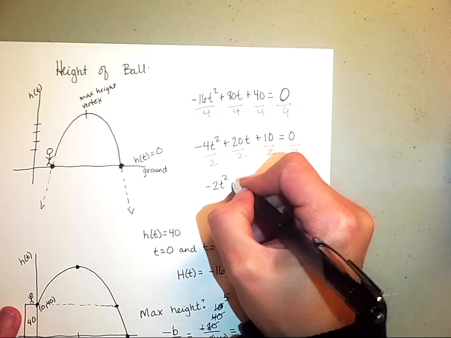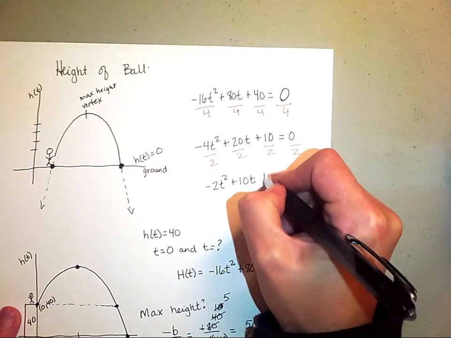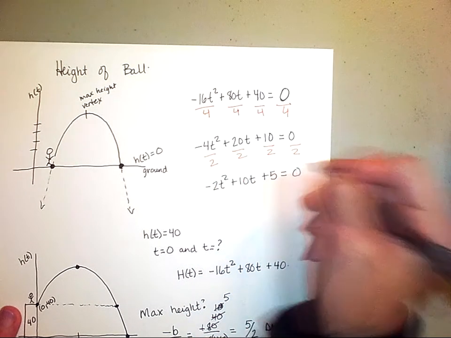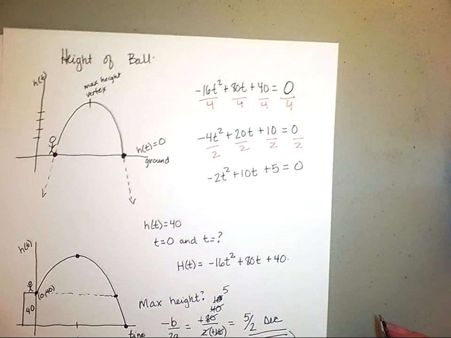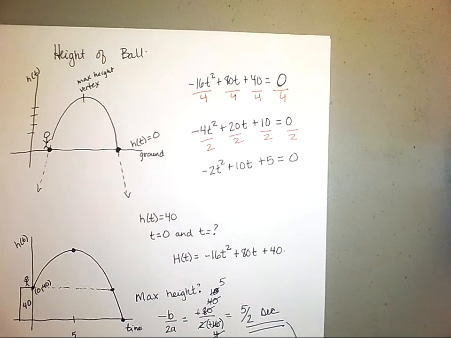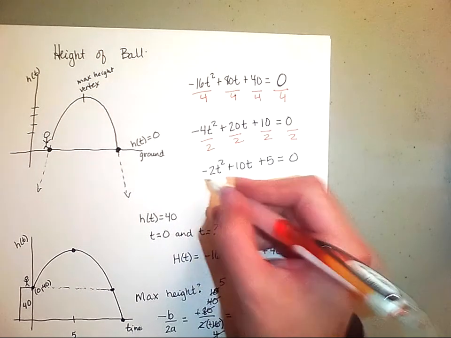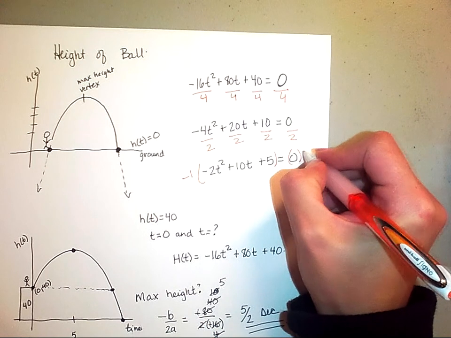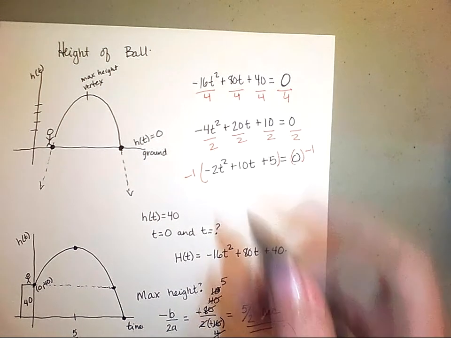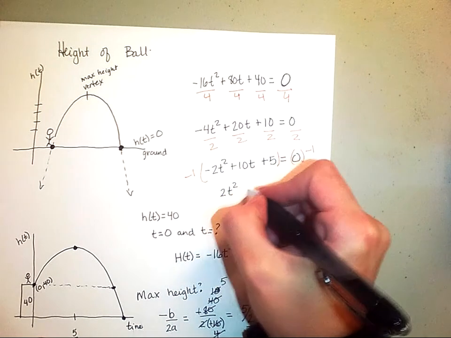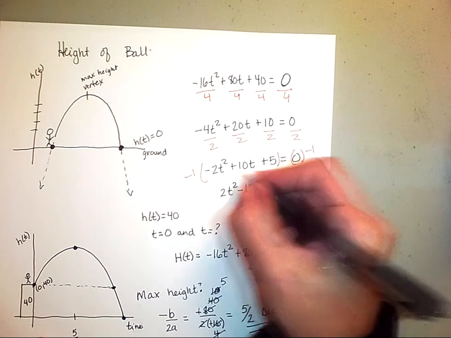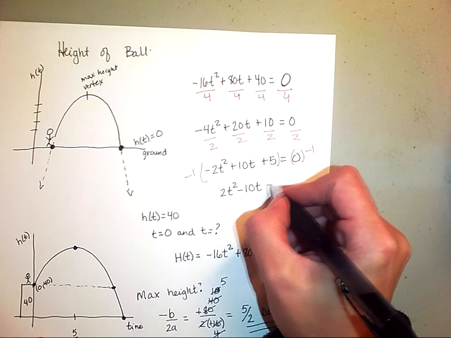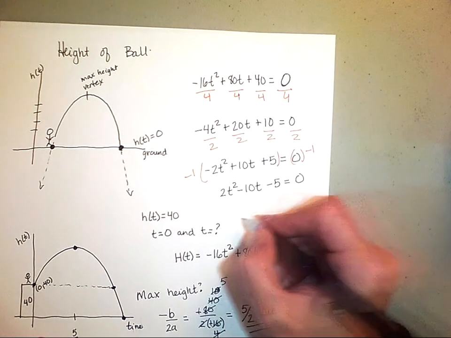So this is negative 2t squared plus 10t plus 5 is equal to 0. And I'm going to hope this thing factors, but I don't want to factor with a negative, so let's multiply everything by a negative 1 to get 2t squared minus 10t minus 5 equals 0.